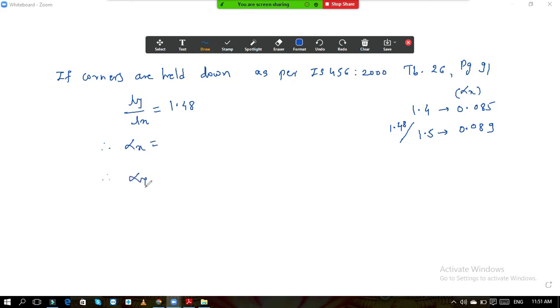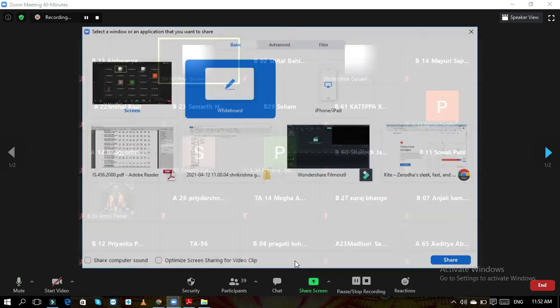Therefore, alpha y is equal to, its value is directly given, 0.056. Let me find the value of alpha x. So it is 0.086. Here we will see in the IS code.